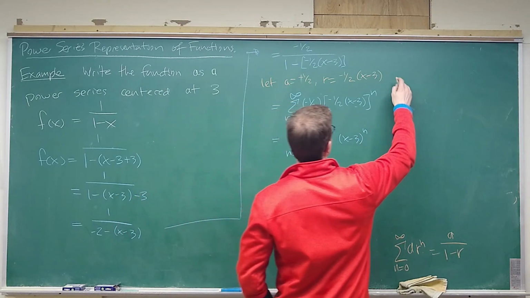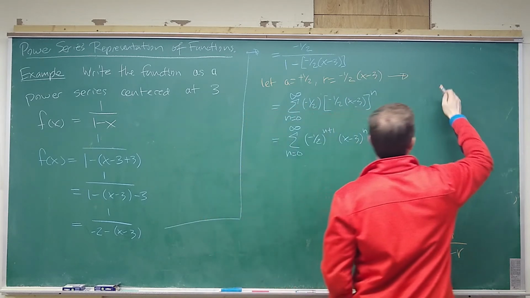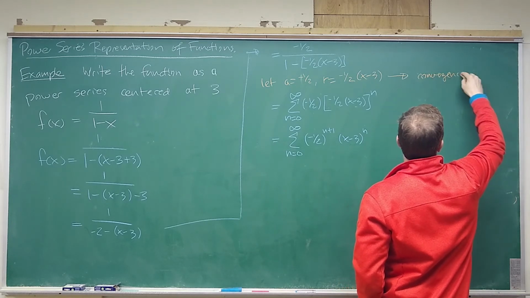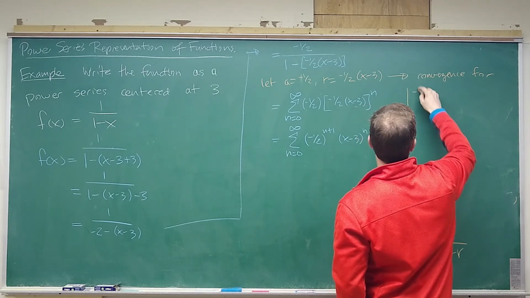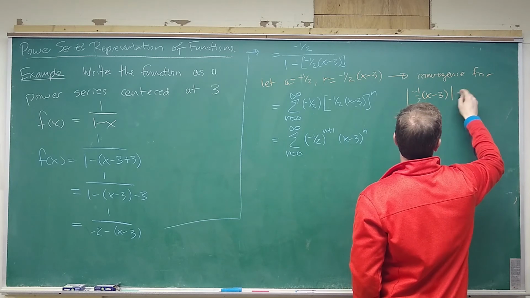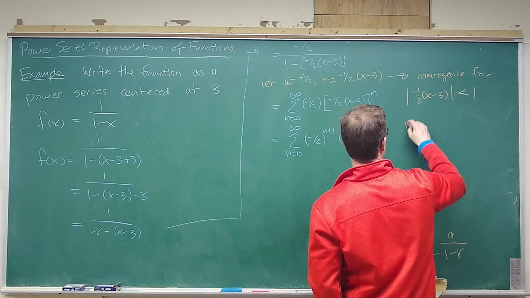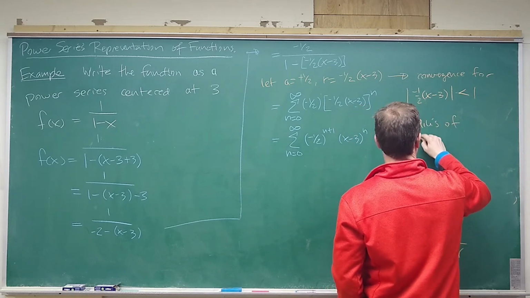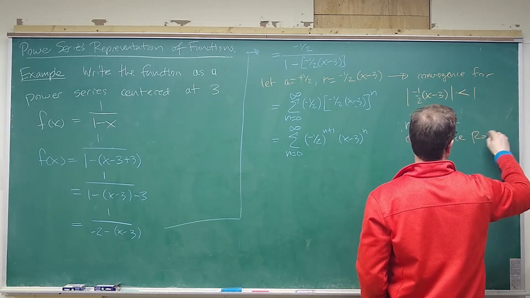Again, using the fact that r is this, we have convergence for the absolute value of negative 1/2 times x minus 3 less than 1, which gives us a radius of convergence of 2.